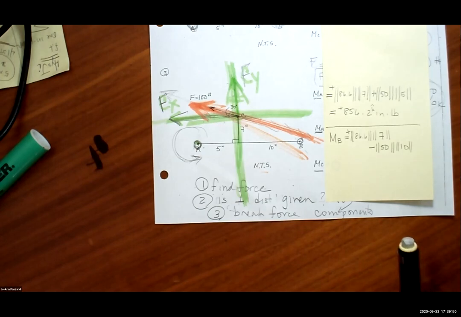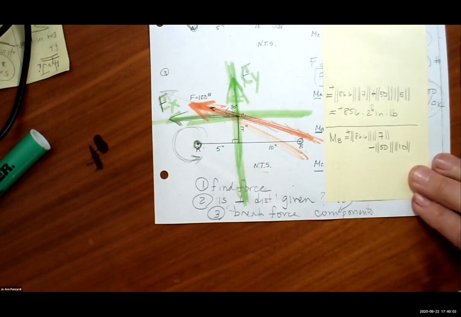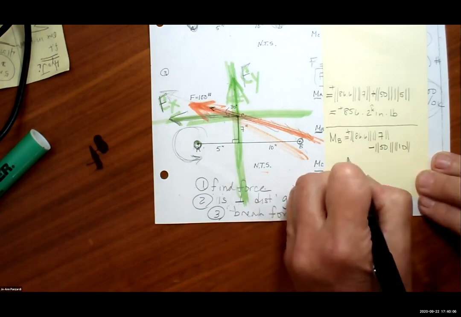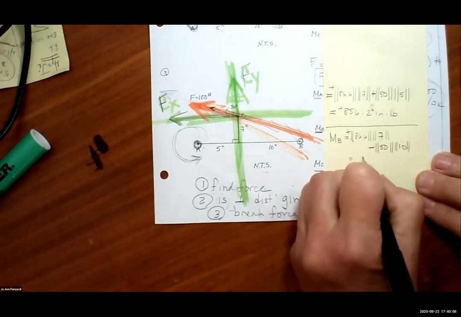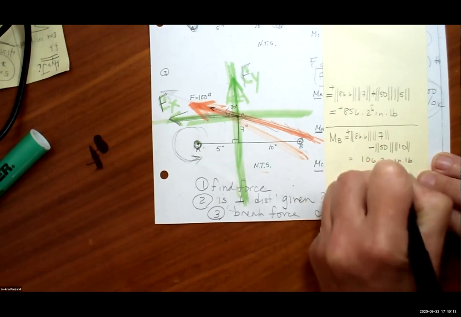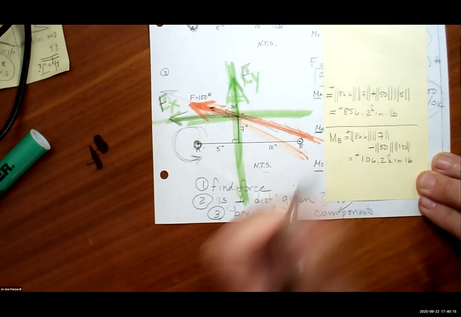Fingers go in the direction of the force, palm goes towards the point I'm finding my moment about, and I get a negative. Okay. And the moment about B turns out to be 106.2 inch-pound, positive.